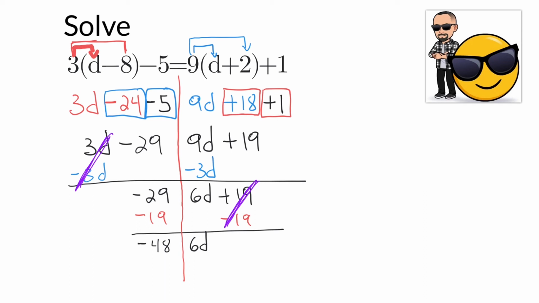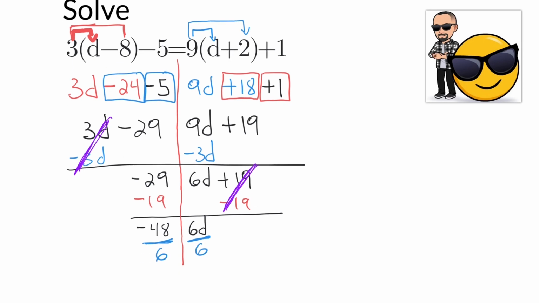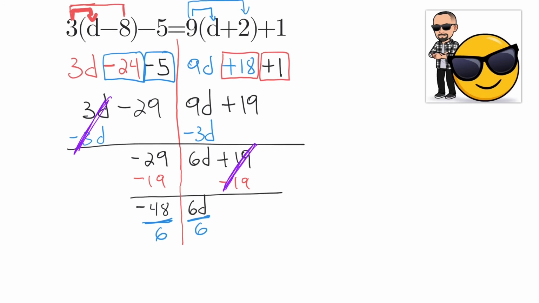So they're multiplying, so the opposite will be division. So I'm going to divide by the number next to the d. The coefficient in this case is the 6. So I'm going to divide by 6, and whatever you do to one side, you do it to the other side. So when you guys divide, I'm going to move this up a little bit, you will get negative 8.